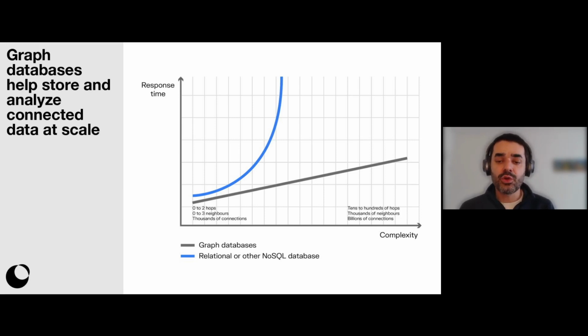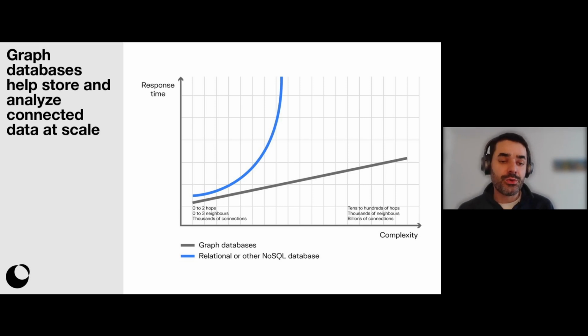But as the complexity of the questions and the volume of data scale, if you're using relational or traditional or other NoSQL databases, then very simply the response time is going to increase very quickly in a non-linear fashion. And you can see an example of that with the blue line there.